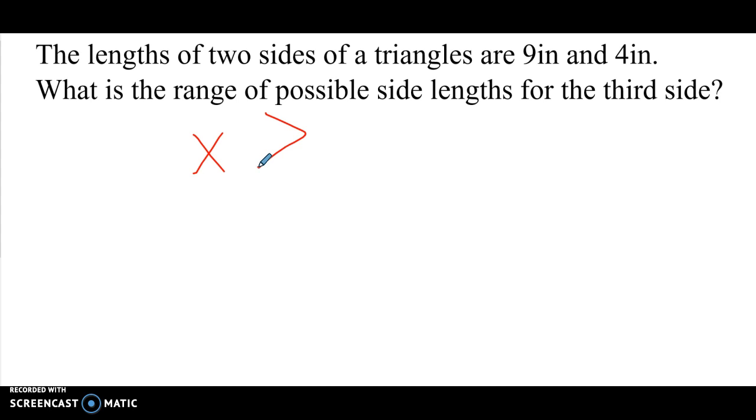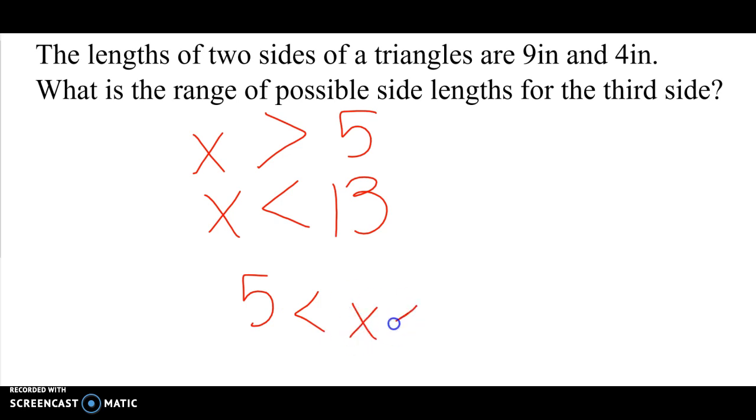The 5. And x has to be less than 13. But instead of writing 2 inequalities, can we mash them into 1? Yes. How can we mash them into 1? 5 is less than x, then less than 13. Very good.